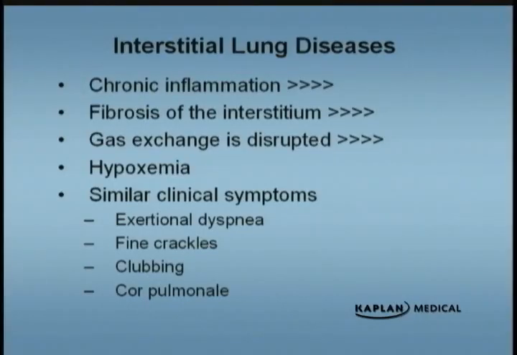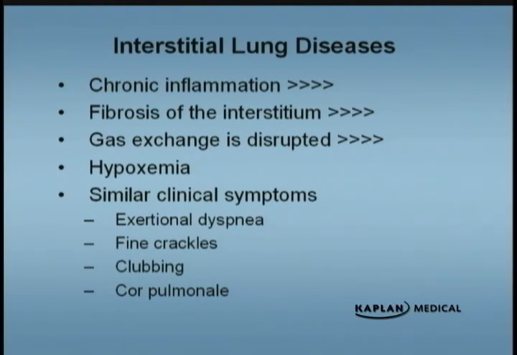On the exam, you may find fine crackles, especially in some diseases like idiopathic pulmonary fibrosis. At the bases, it's common to see that. And then there are other findings related to chronic lung disease, like clubbing.